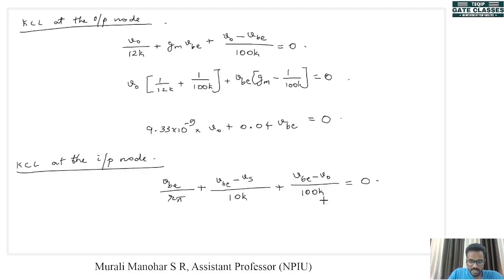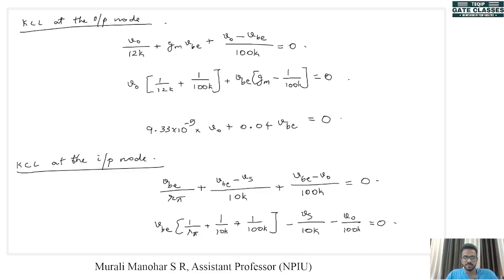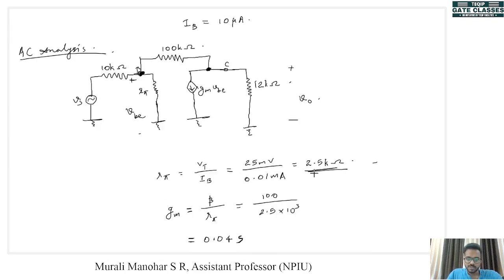Now there are VBE terms. So VBE into 1 by R pi plus 1 by 10k plus 1 by 100k, minus Vs divided by 10k, minus V out divided by 100k equal to 0, right? We know the values of all the resistances, R pi as 2.5k.